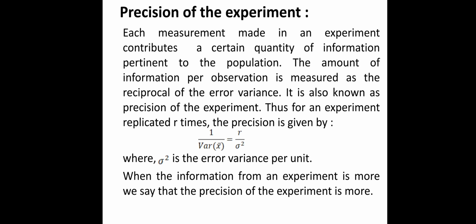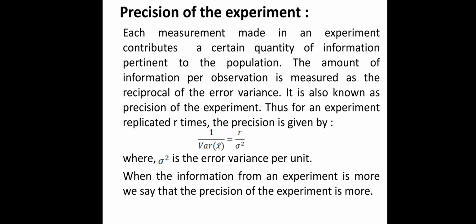Now, how will we know how precise any experimental design is after the experiment has been designed? There is a formula: 1 by variance of sample mean equals small r by sigma square.